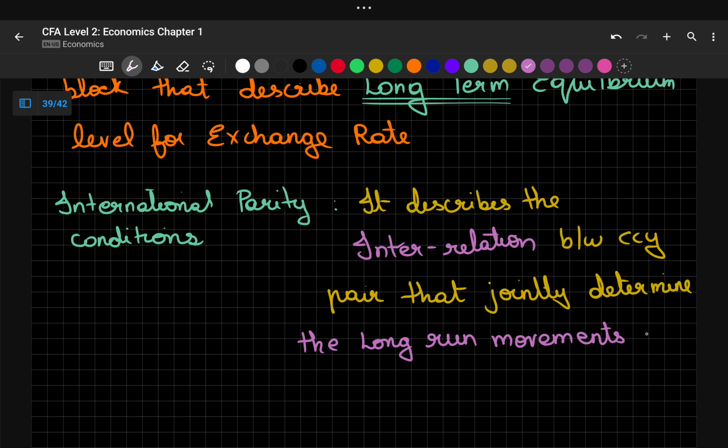They jointly determine the long run movements for, first one would be, exchange rate.